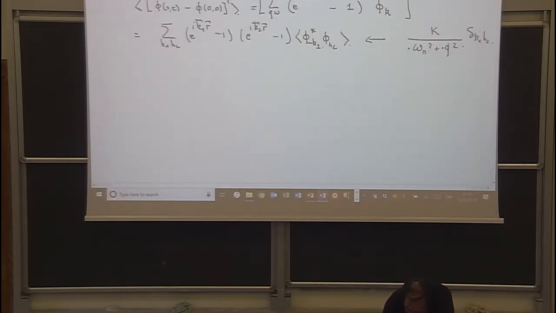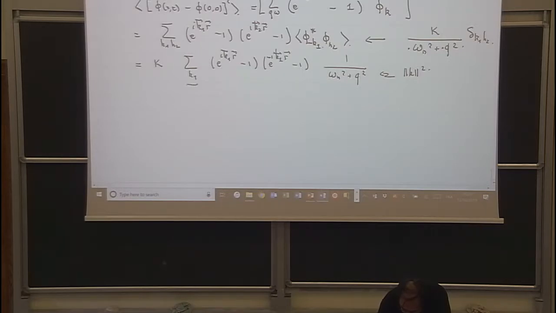So at the end of the day, this integral is essentially the sum over k1 of exponential of i k1 r minus 1, exponential of i k2 r minus 1, and then I get something which is 1 over omega n squared plus q squared, which is indeed modulus of k squared. Sorry, there is a minus here, and this is k1 again.